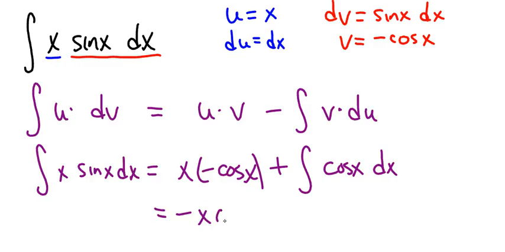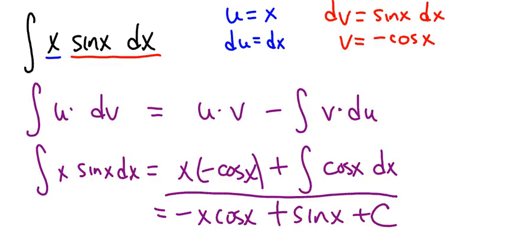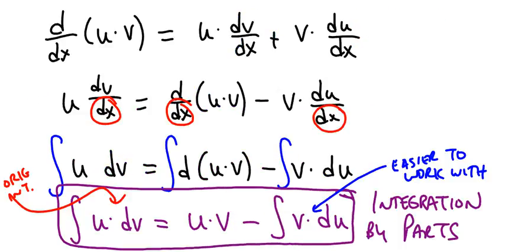In fact, we know how to do that, and we are done. And you can check yourself. You can take the derivative of this, and sure enough, you're going to end up with x sine x. So we identify in our original integral something whose derivative is easy to find and something whose antiderivative is easy to find. And then we crank things out, and hopefully this one is easier to work with.